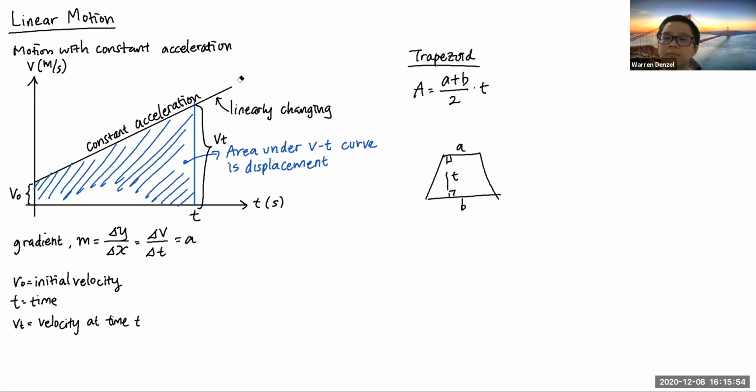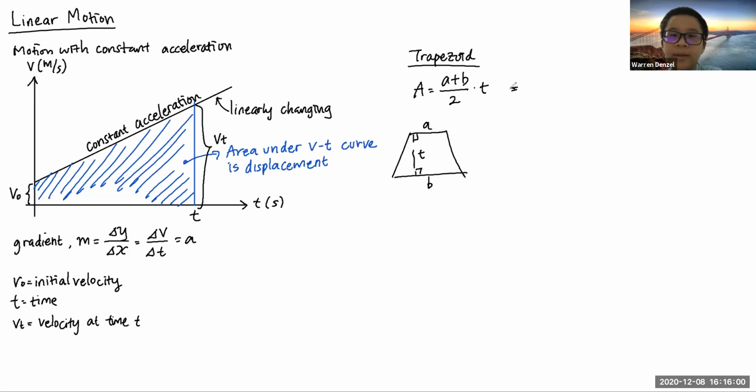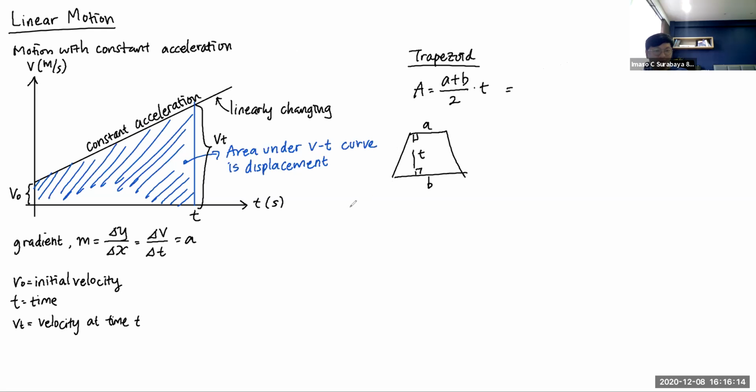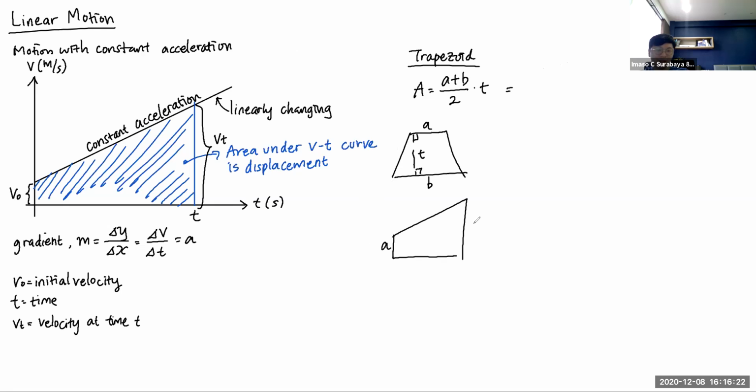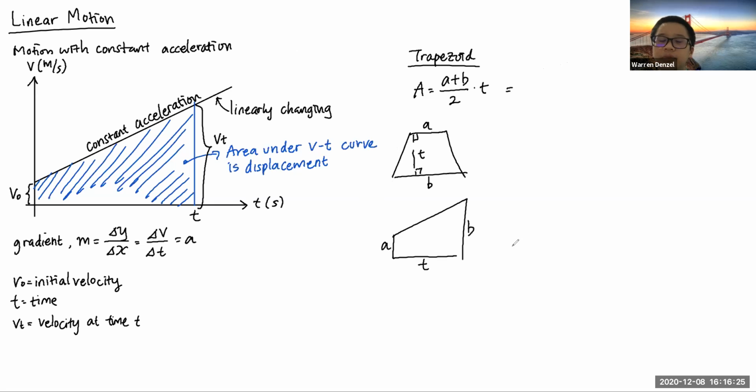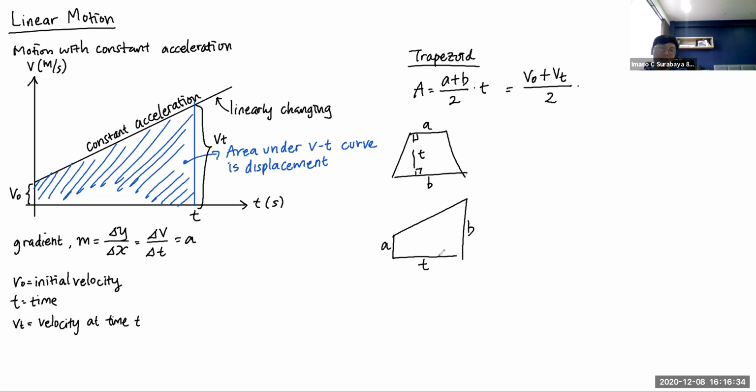In our case, in the graph, what is a, what is b? Because the trapezoid is rotated, the initial velocity is A and the final velocity is B. And then t is still just t.